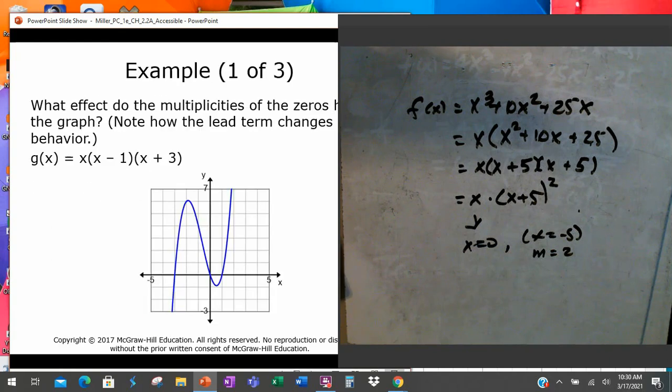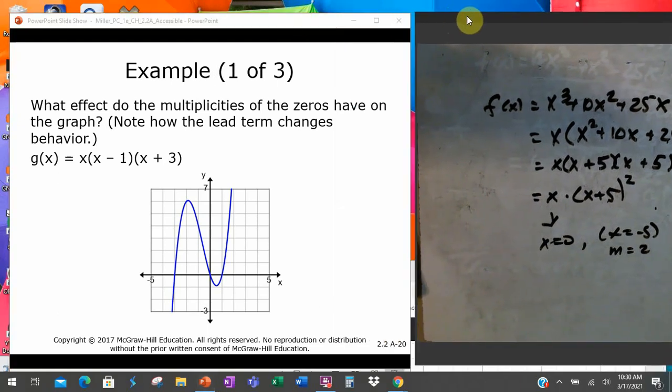Okay, so here's some more practice for you. Here's an example. What effect do the multiplicities of the zeros have on the graph? Here I have x equal to 0, x equal to 1, x equal to -3. The multiplicity is 1, so I draw it straight through, no curves, no dips, no touches, all straight through.